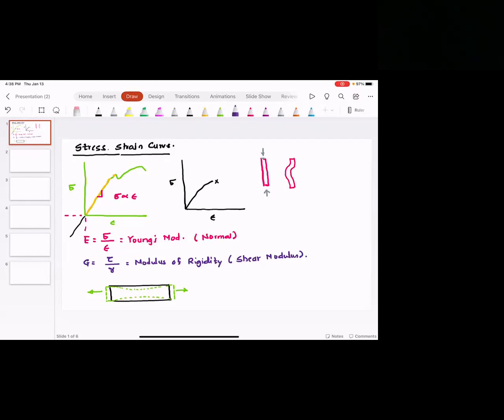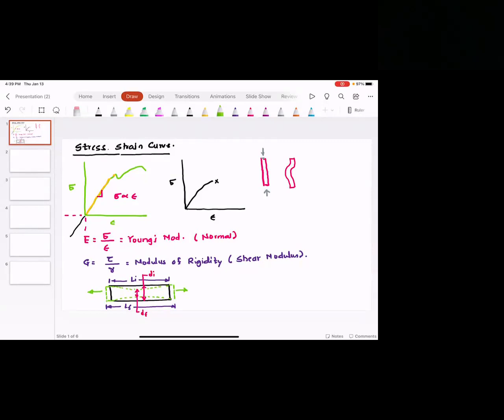For example, the longitudinal dimension L final will be greater than L initial, and D final will be smaller than D initial. So this is what is going to happen.